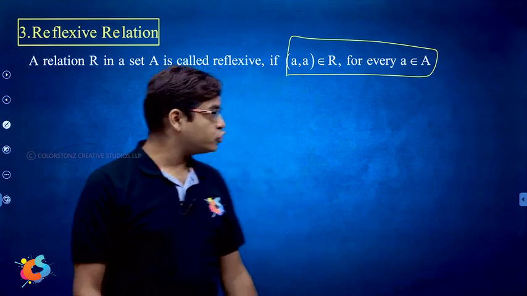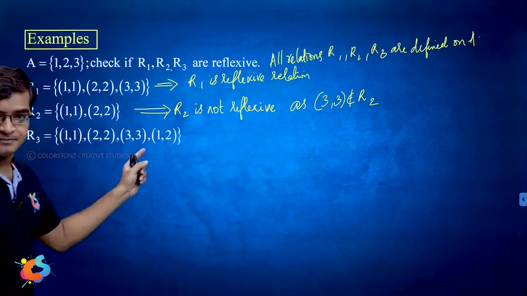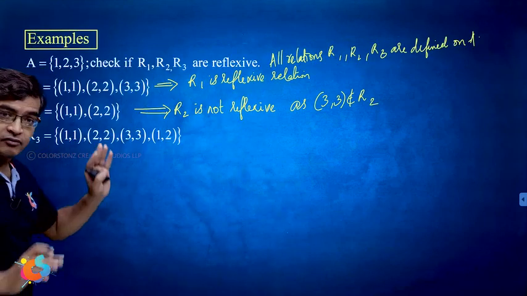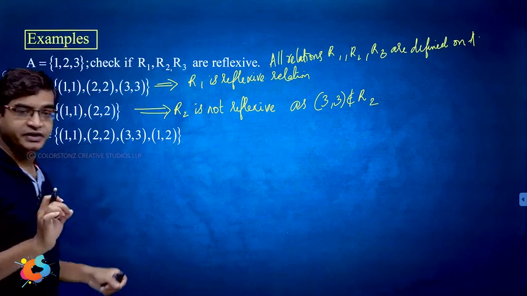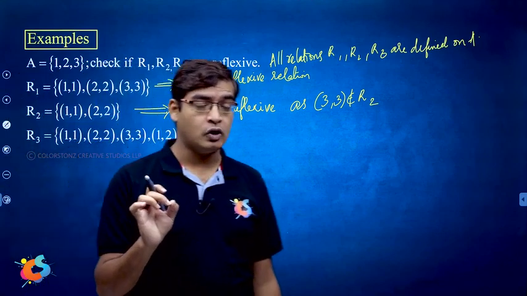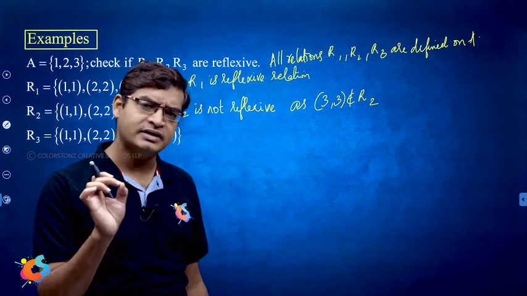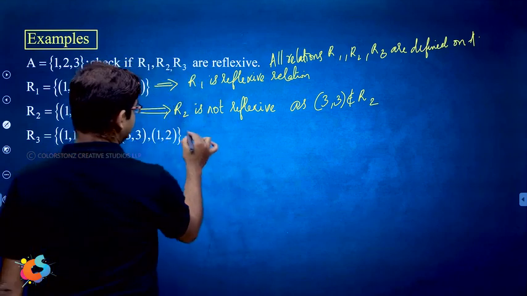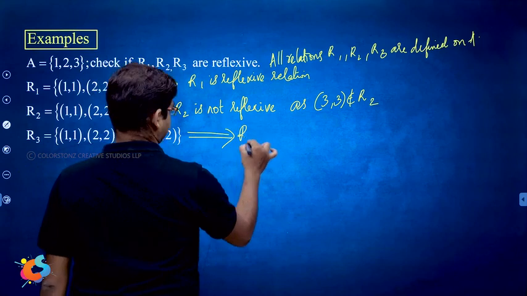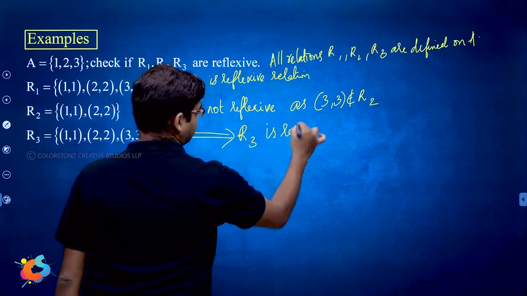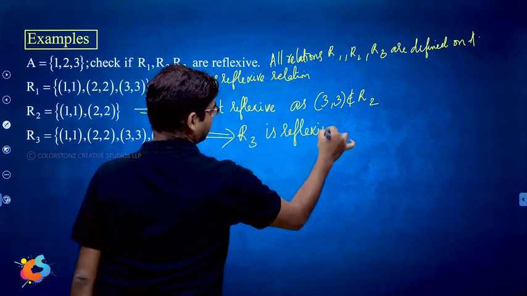So is the condition being met? Is our condition, 1, 1, 2, 2, 3, 3, or (a, a) belonging to R, happening or not? Yes. So this is a reflexive relation. R3 is a reflexive relation.